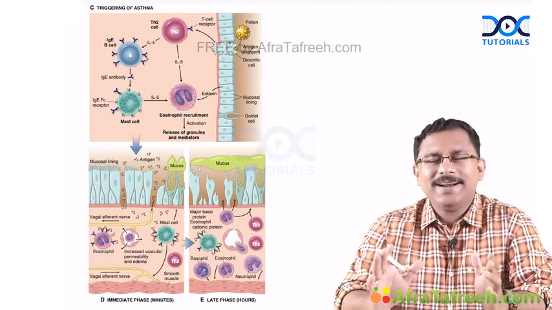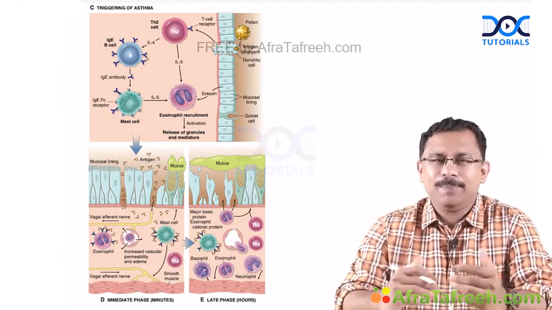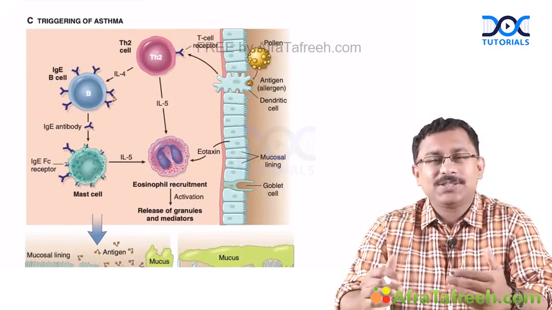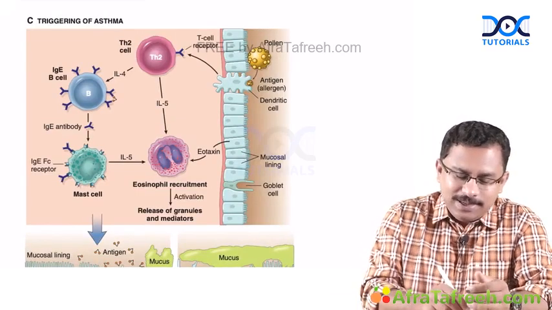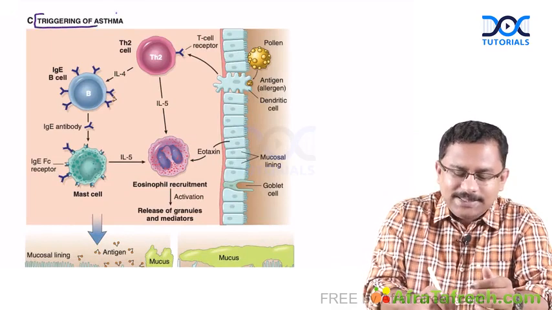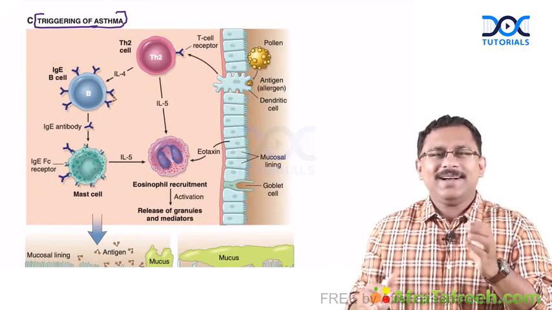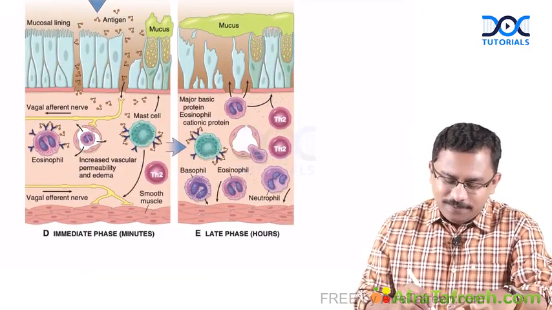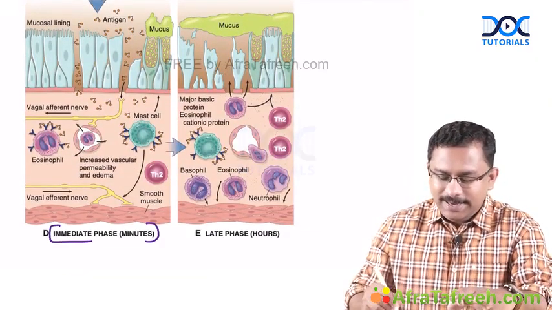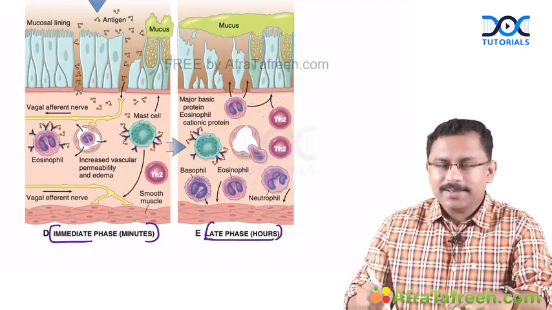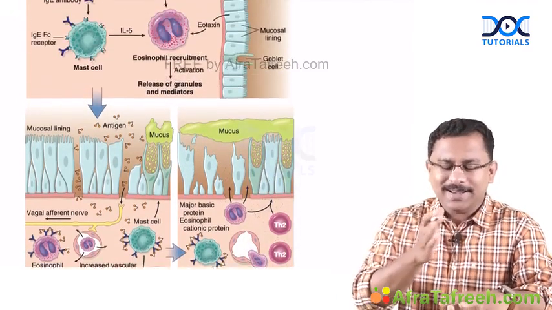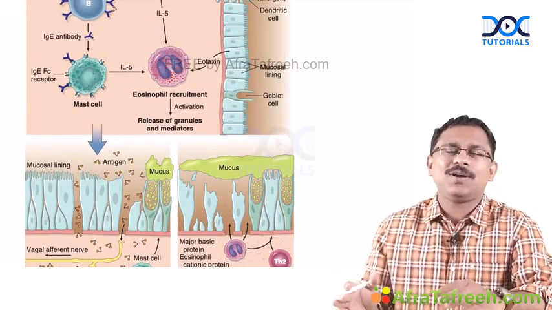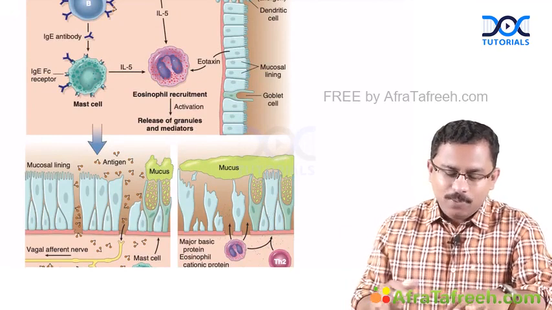Whenever somebody develops an asthmatic episode, it proceeds through certain stages. There is an initial triggering stage, where the asthmatic episode is triggered, and subsequently you have an immediate phase and then a late phase. That is how an asthma episode would progress. Now let's see what happens here.